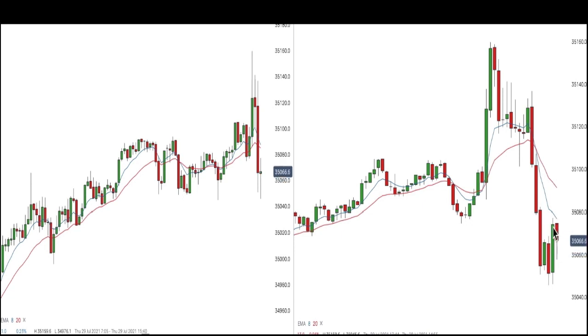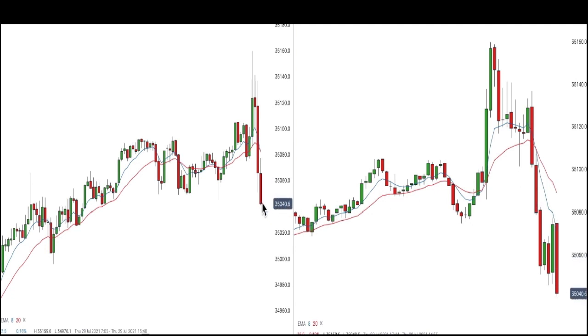Went red immediately and I went short immediately, and I'm now out of the trade. I only got 10 points on that one, but the risk was almost nothing.